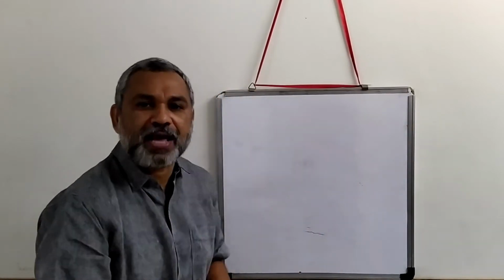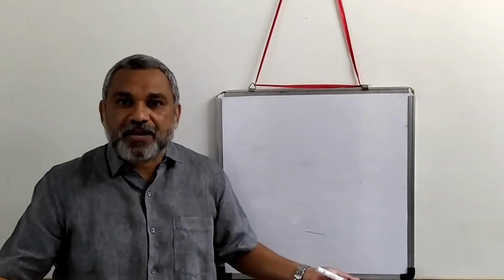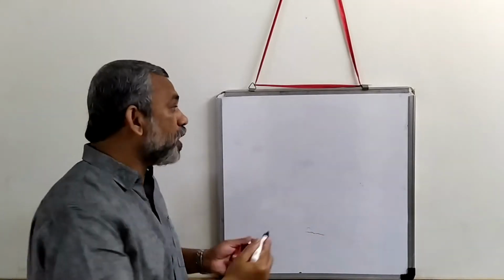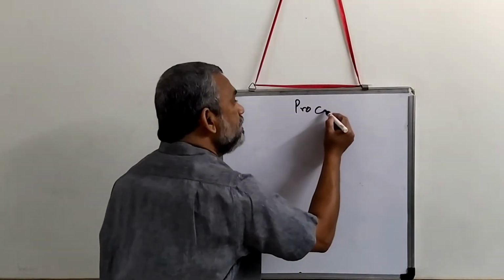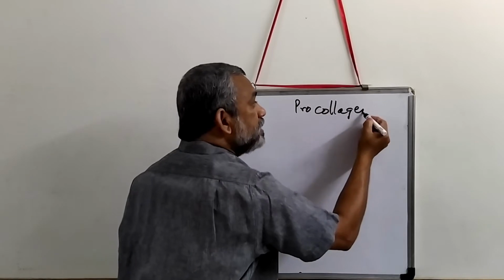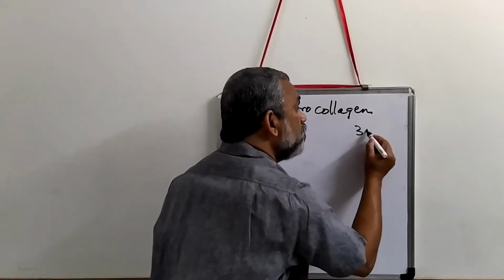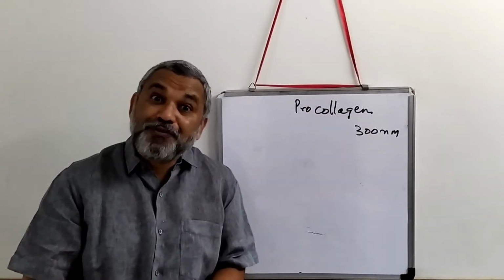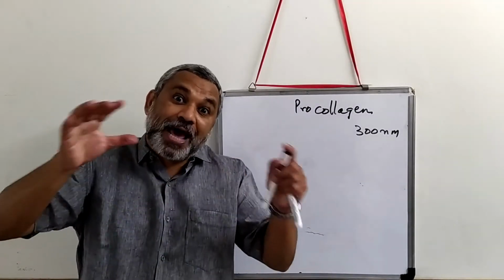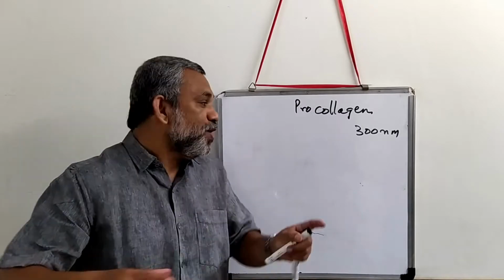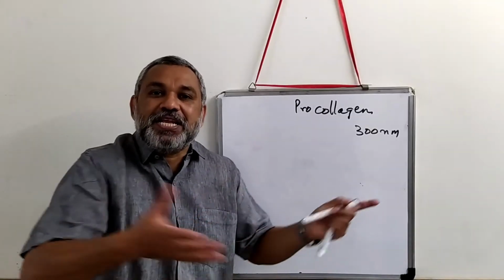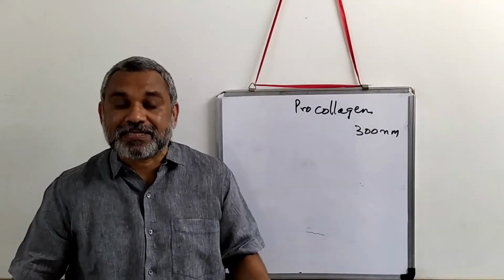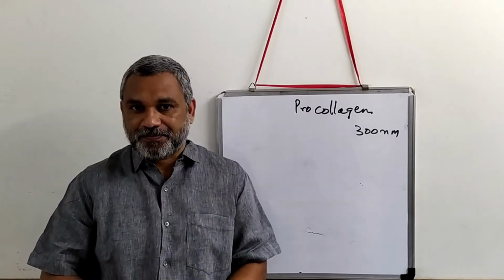Collagen, as you know, is a fibrous protein, and the procollagen has a size of somewhere around 300 nanometers. How to fit this 300 nanometer procollagen into a vesicle which we have seen is about 50 nanometers in size? How to fit it?